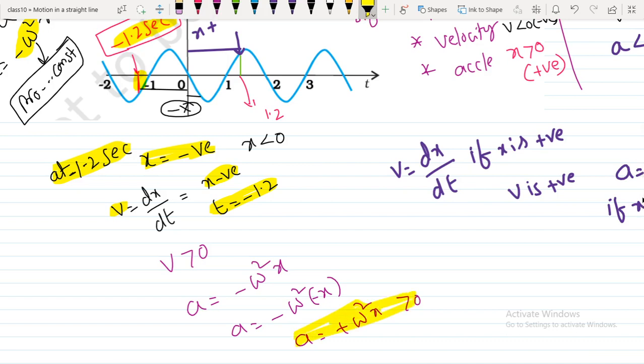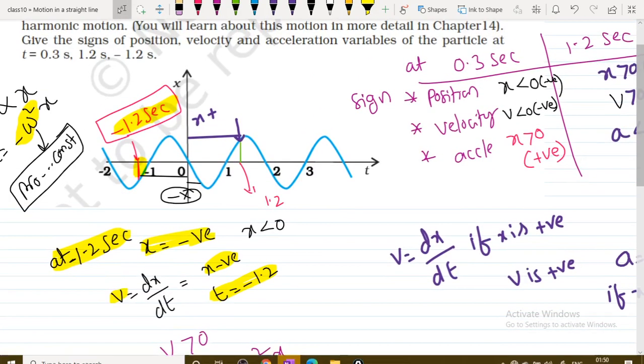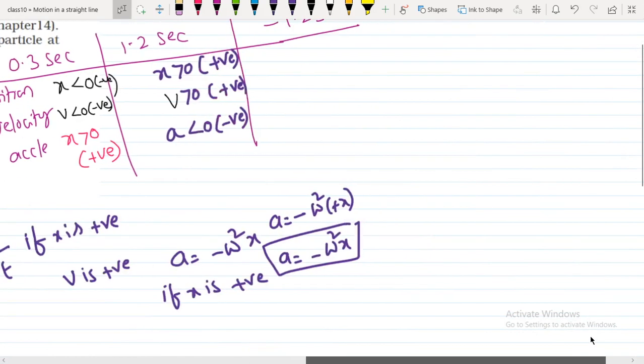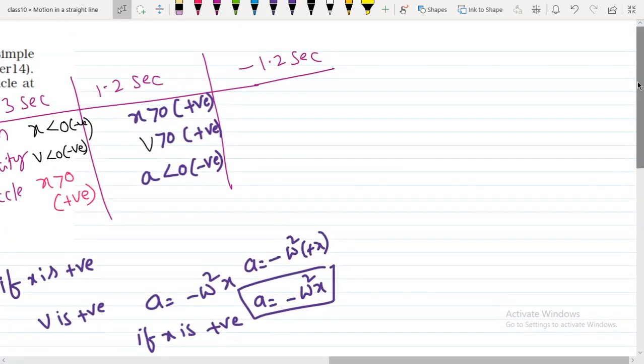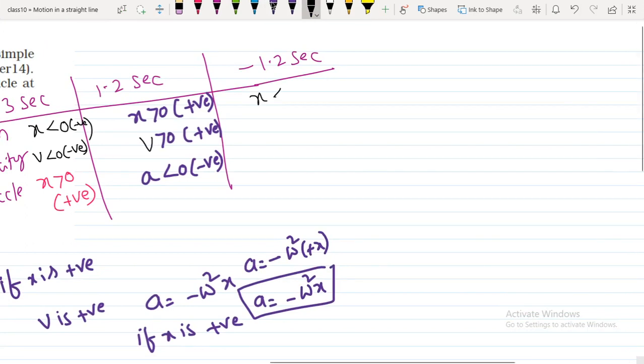So at time t equal to minus 1.2 seconds, the displacement x is negative, less than 0, and the velocity became positive because displacement is negative and time is also negative.